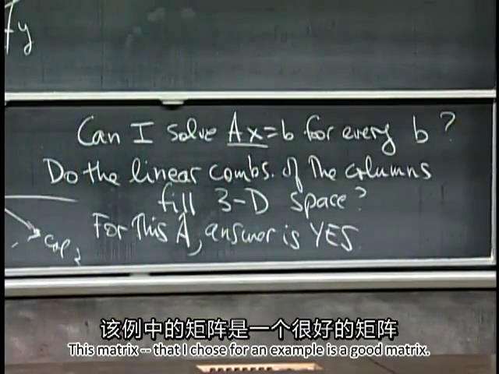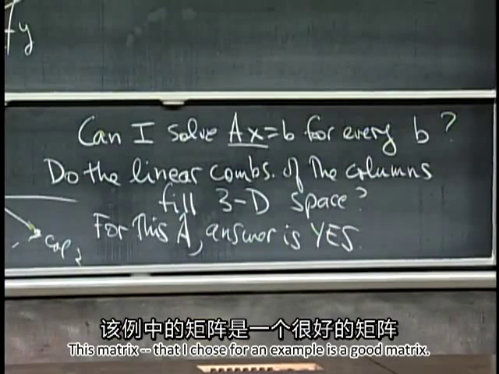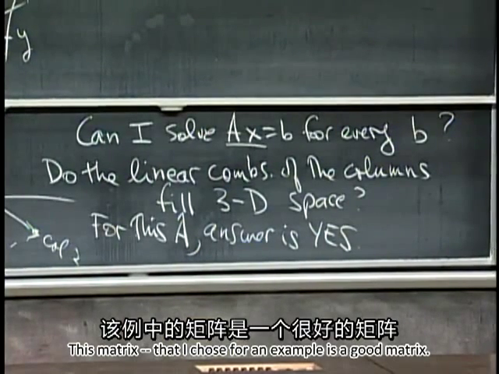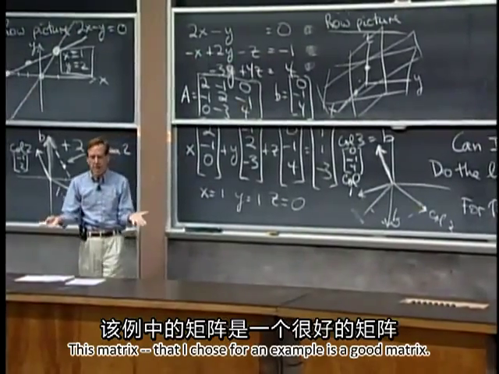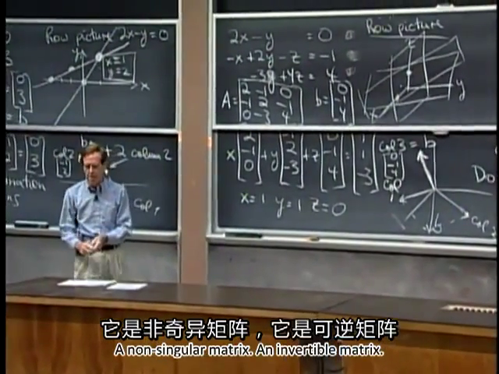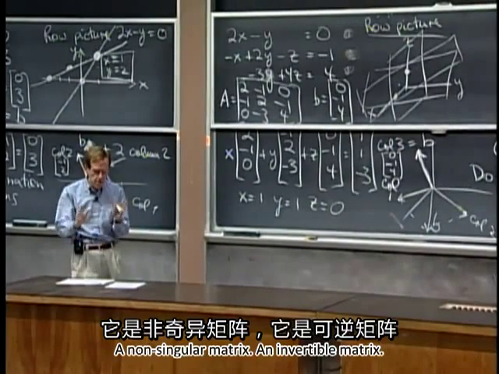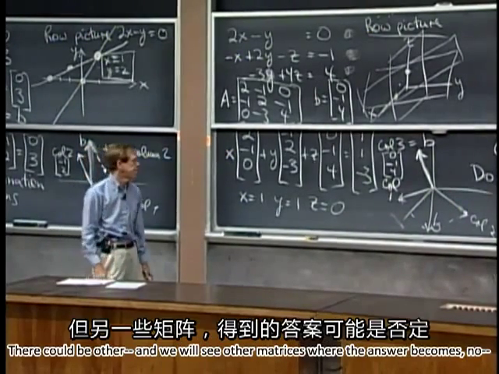This matrix that I chose for an example is a good matrix, a non-singular matrix, an invertible matrix. So those will be the matrices that we like best.